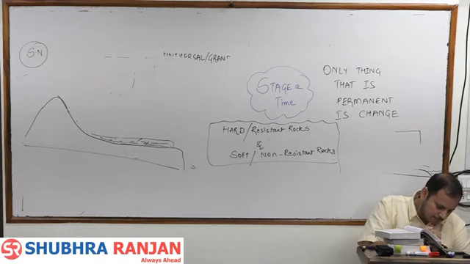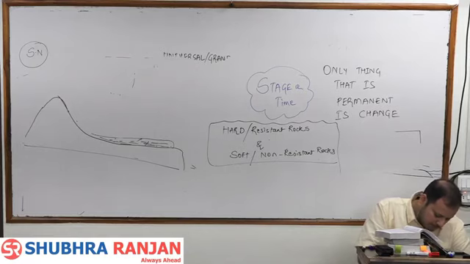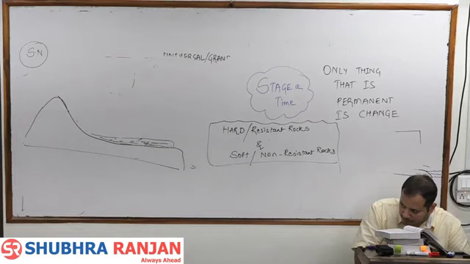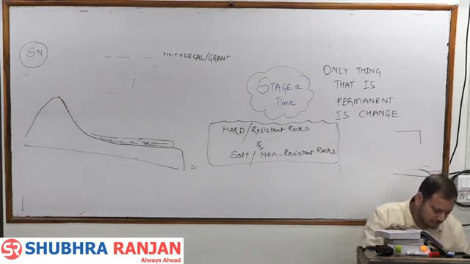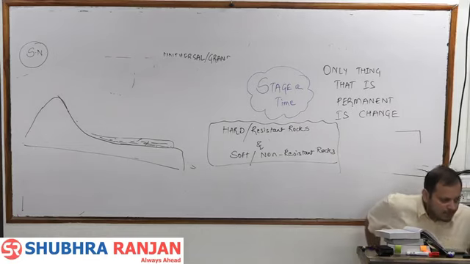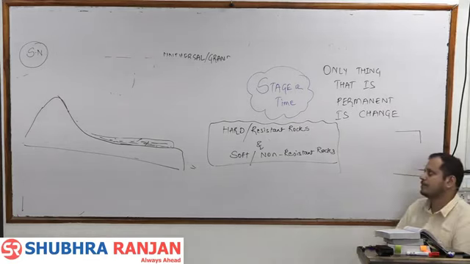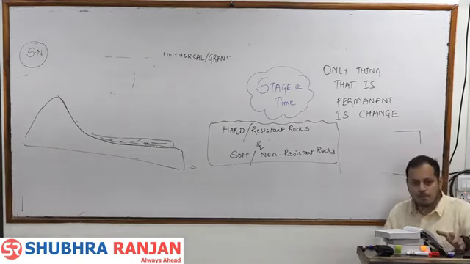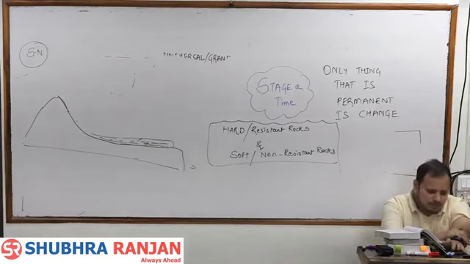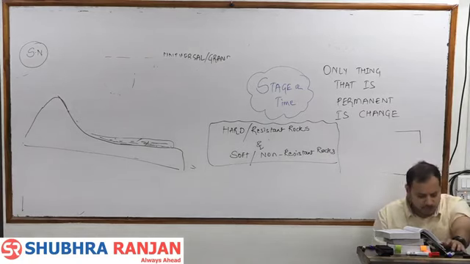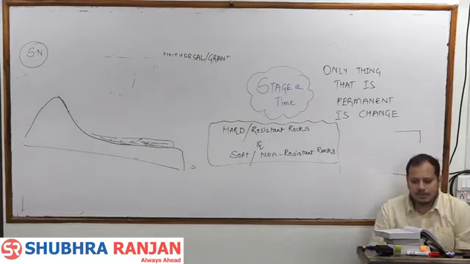In a sense that resistant rock will be weathered very slowly, while a soft rock, don't write non-resistant, while a soft rock will be weathered or eroded quickly.